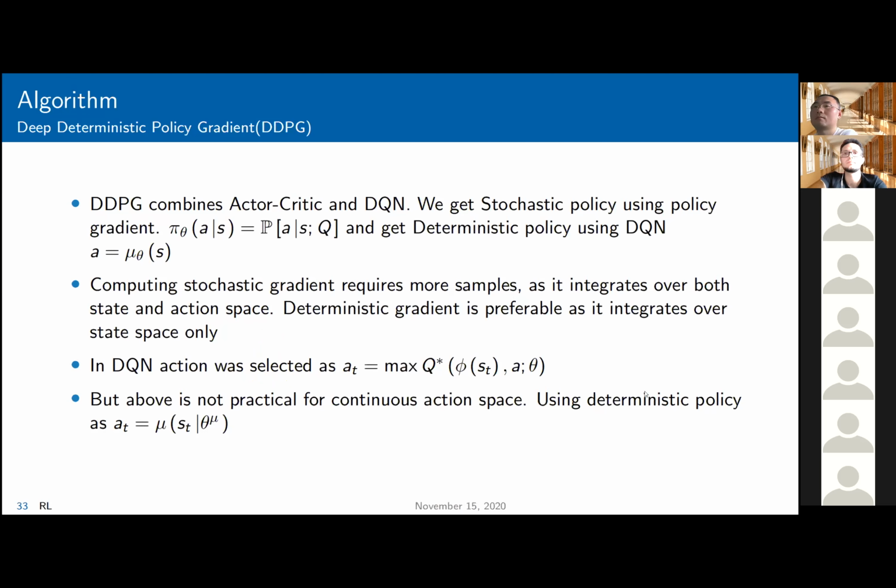It's an off-policy algorithm, so it requires experience replay and adding random noise. Since the value function of DDPG is estimated by a neural network, the network estimates the action state value, the Q value.